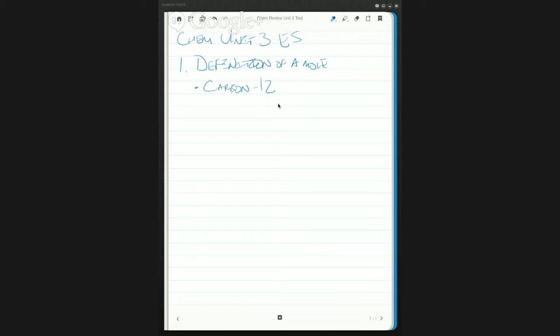carbon-12, right? So if you have 1 mole, right, that's equal to 6 grams of carbon-12. If I had 0.25 moles, how many grams is that of carbon-12?